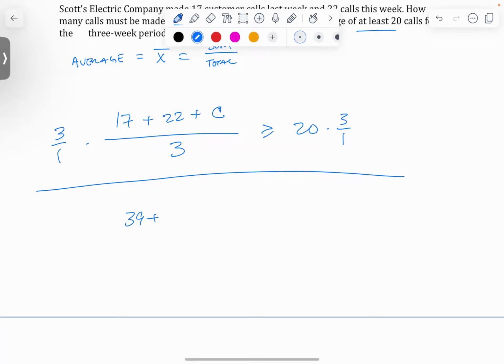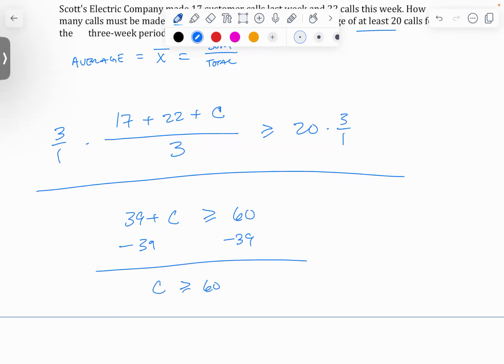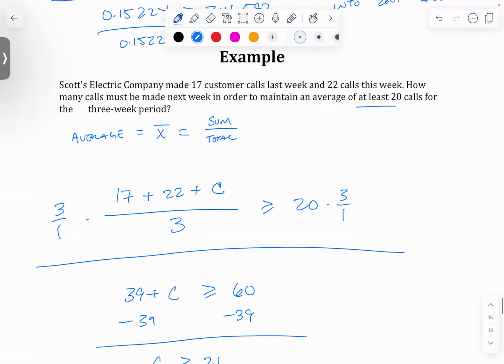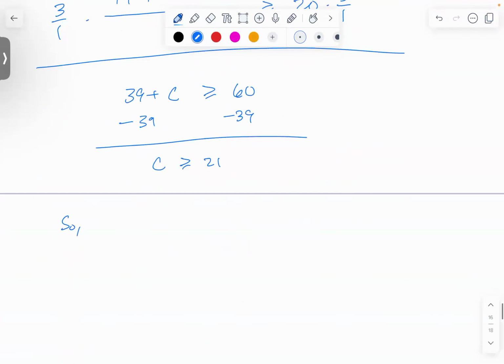And 17 plus 22 is 39. The 3's cancel out. So C is greater than or equal to 21.